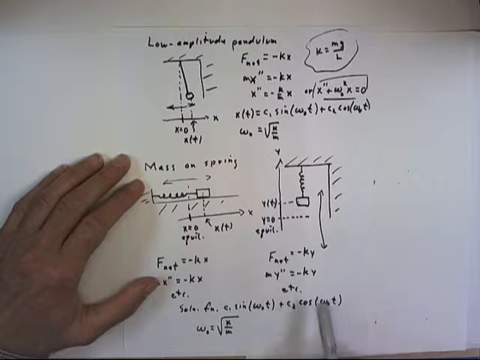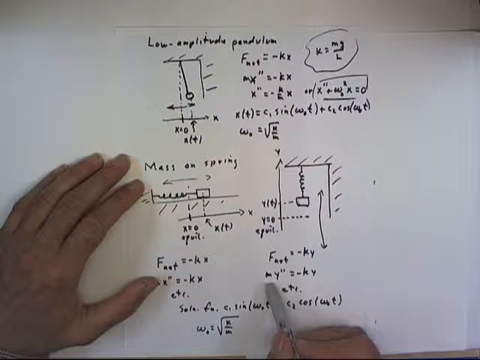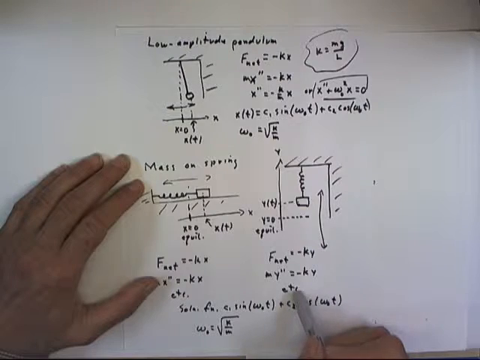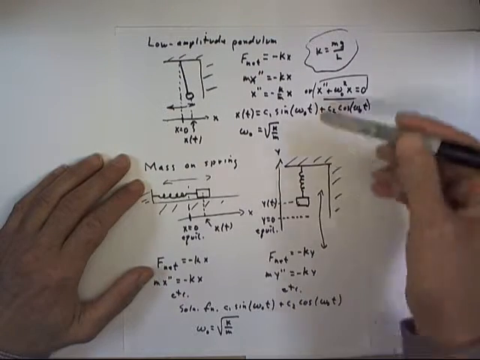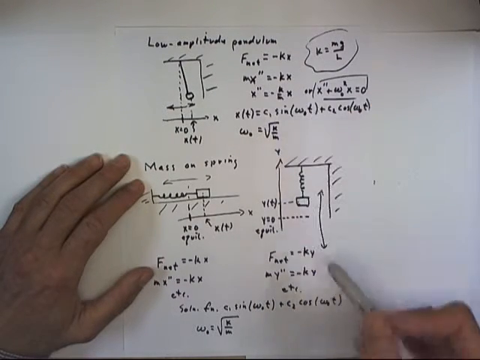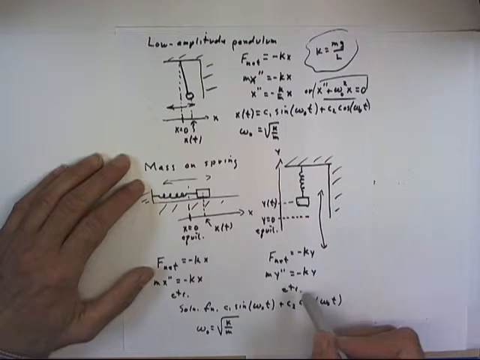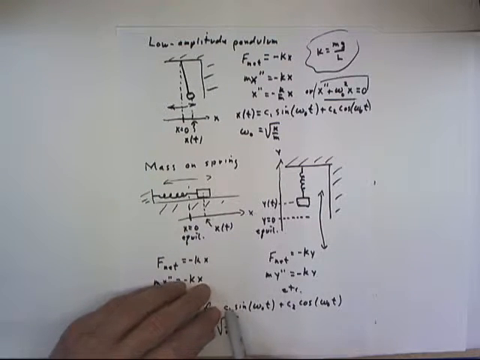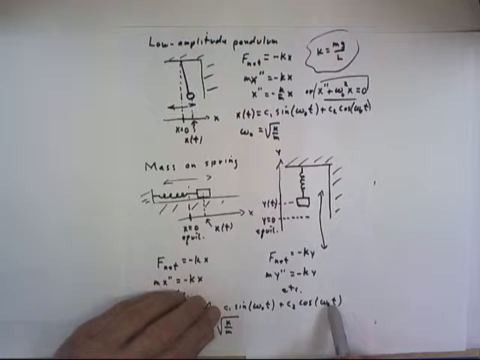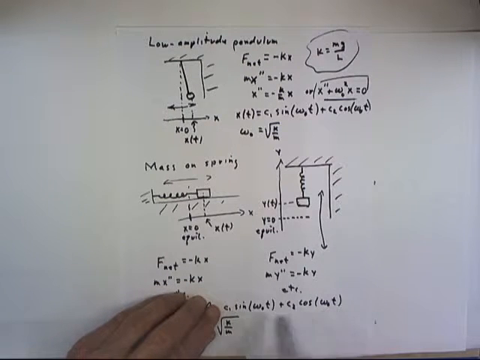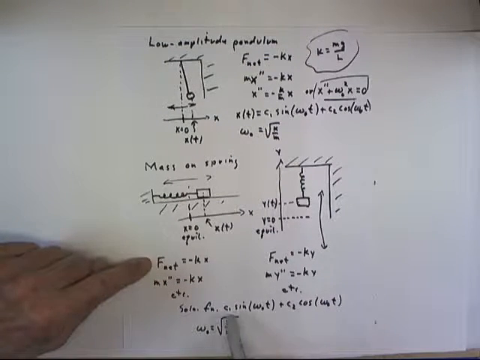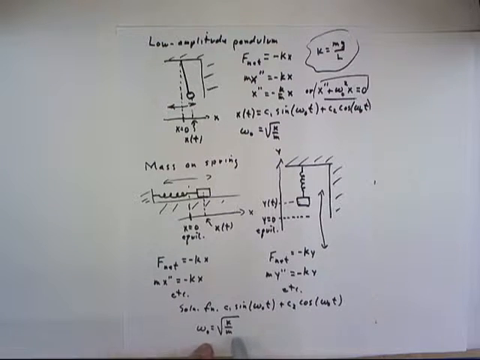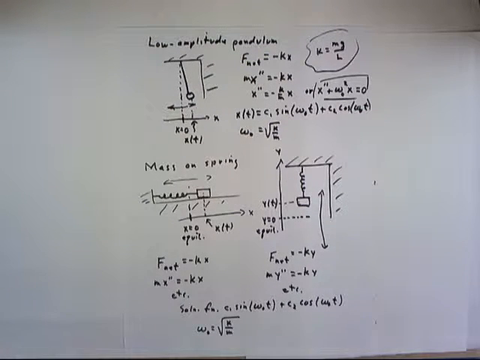So our equation becomes m y double prime equals negative ky, etc. Everything is identical except we're using y's where we previously used x's, and we again get a solution function of exactly the same type, a y of t rather than an x of t. But everything else is identical.